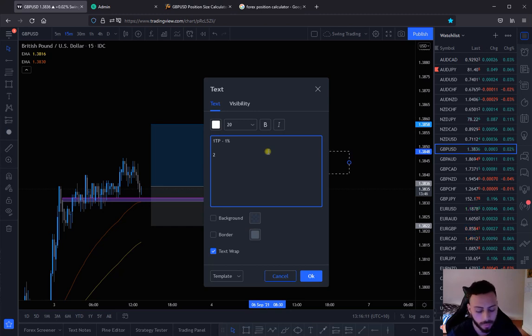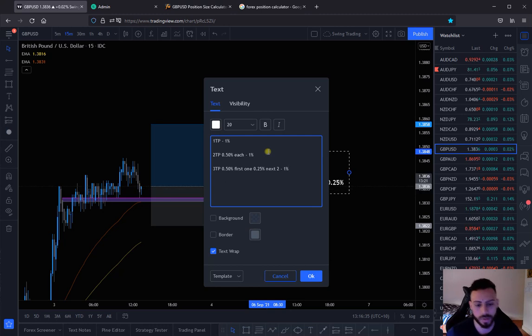If you've got two take profits, risk 0.5% each, which equals 1% of your account. And if you have three take profits, risk 0.5% for the first one, and 0.25% for each of the other two, and that will equal 1% too.